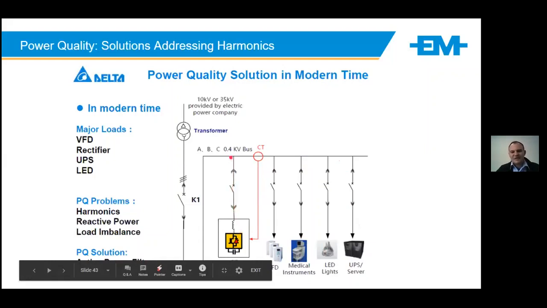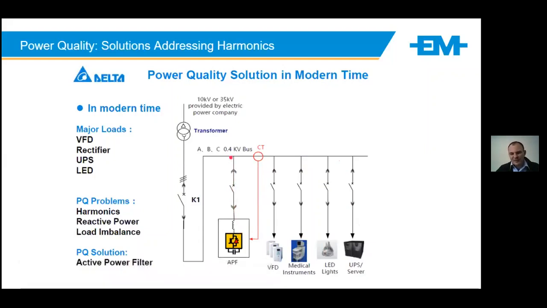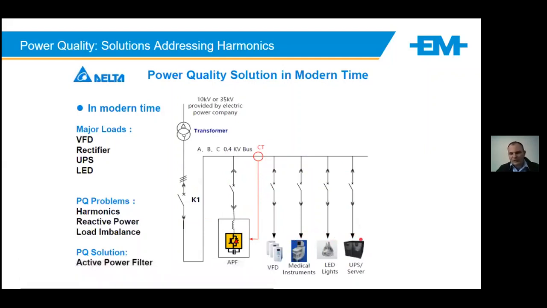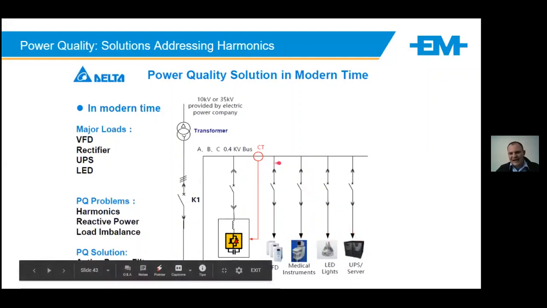The active filter would in real time be either capacitive or inductive, injecting the current to smooth out that waveform. Preferably in any of these configurations, and to be more cost effective, try to find the source that is your largest generation point and inject at that source for best practice.